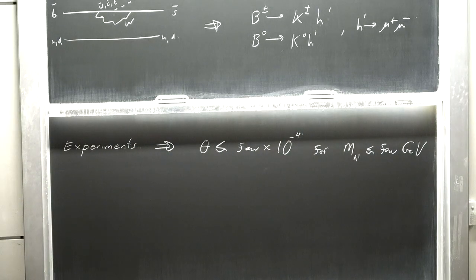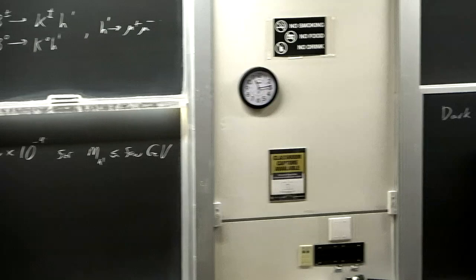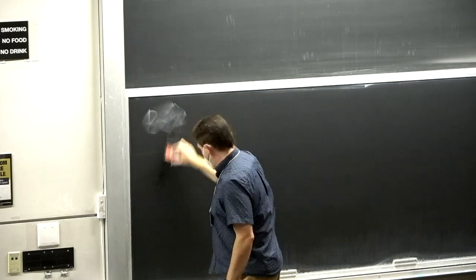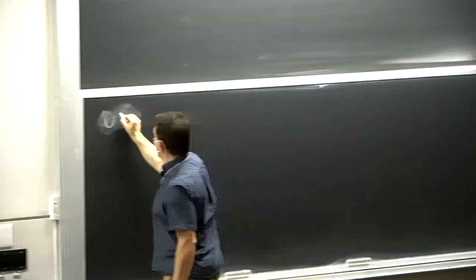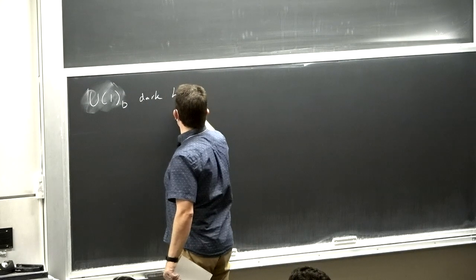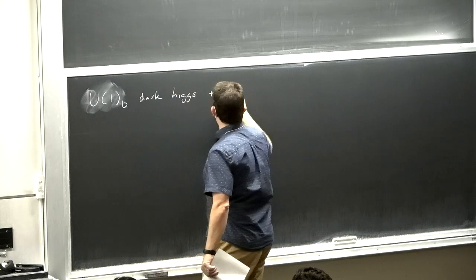And just to give an example of that, I'm just going to call this the U1D dark Higgs model plus matter.